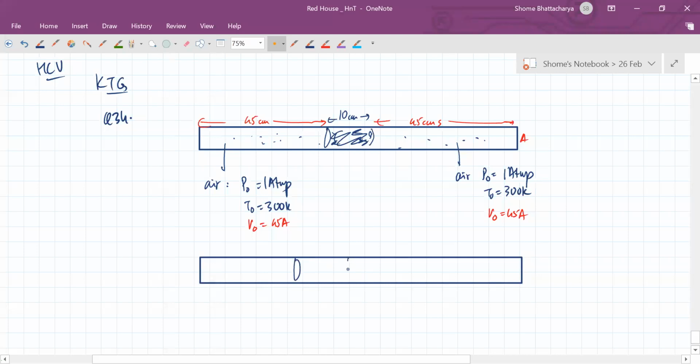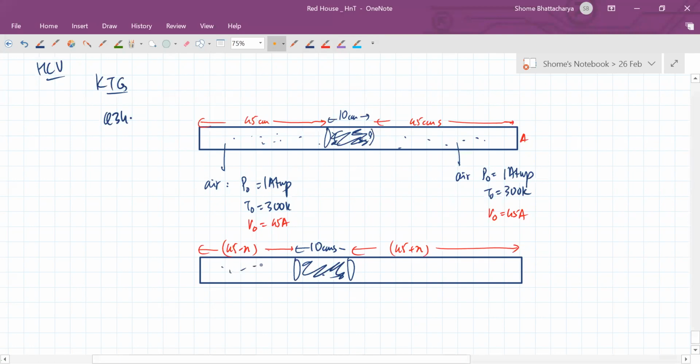So to compensate, the mercury part will come somewhere here now. So this will become 45 minus x, let's say, and this becomes 45 plus x.